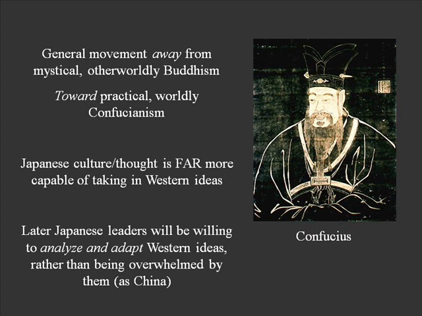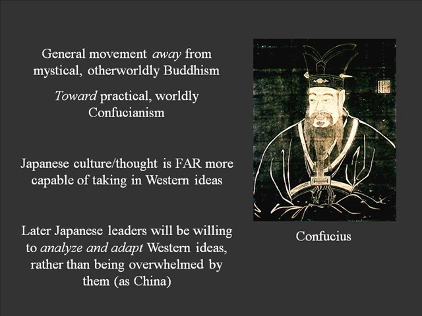Whereas in China, the government is completely resistant to that stuff for much, much longer, and it appears that the culture is not as open to bringing in outside ideas. The Chinese will fall far, far behind, to the point where even in the early 1900s, Japan will invade parts of China and take colonies in China itself.